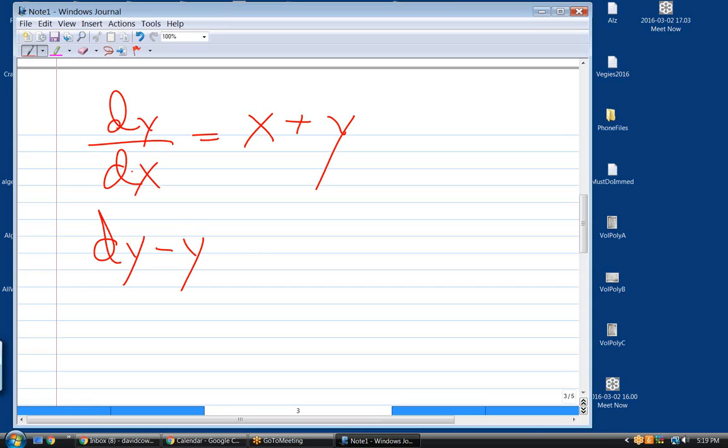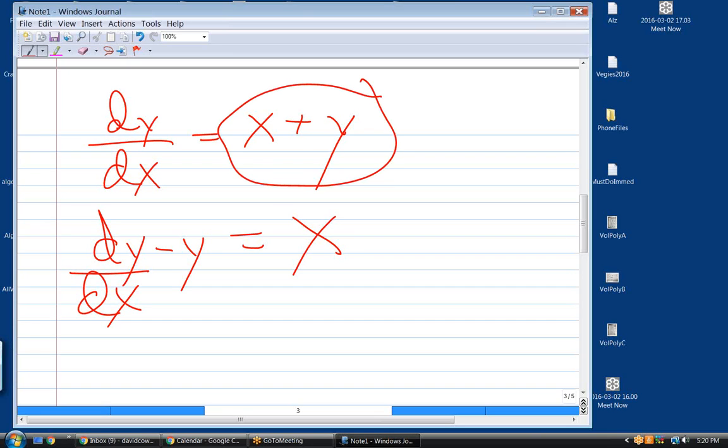And I can certainly multiply both sides by dx, but that doesn't give me dx alone. Because really I have dy over dx minus y equals x, and now I can't even get rid of the dx. In other words, when you have addition or subtraction taking place on the one side there, it's very difficult to separate the variables.